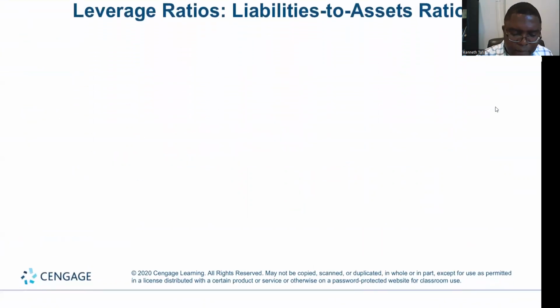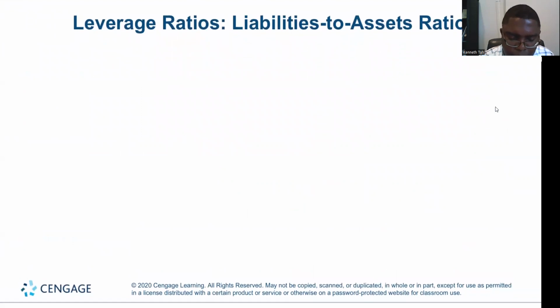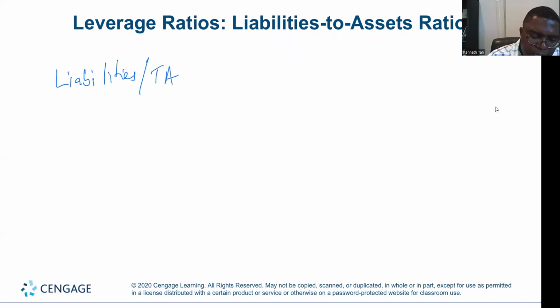All right, the next set of debt ratios we want to look at is what we call the leverage ratio, or the liability to asset ratio. So it's the extent to which the firm's assets are not supported by equity. So the formula is liabilities on total asset.